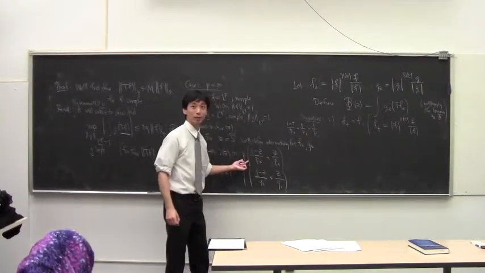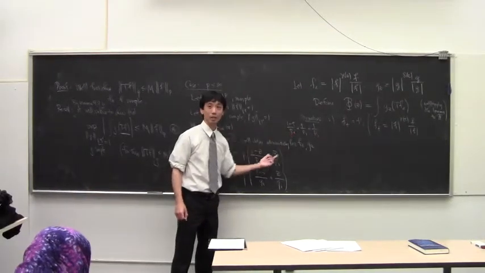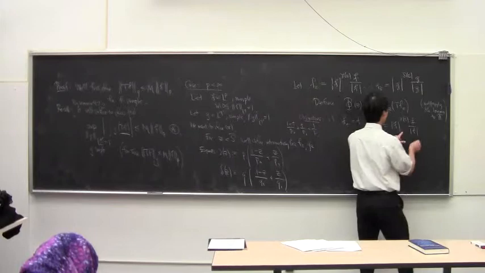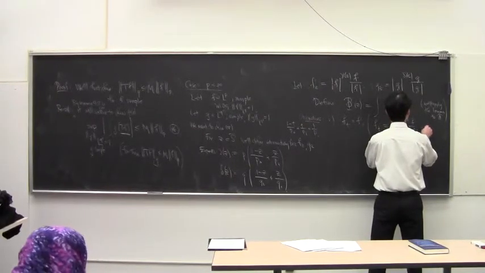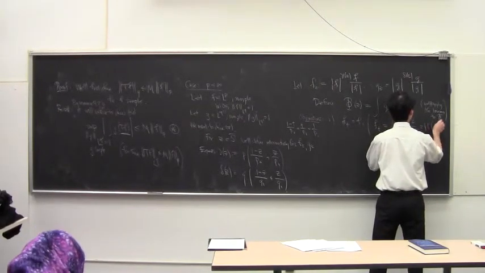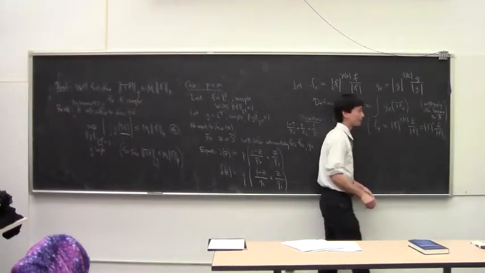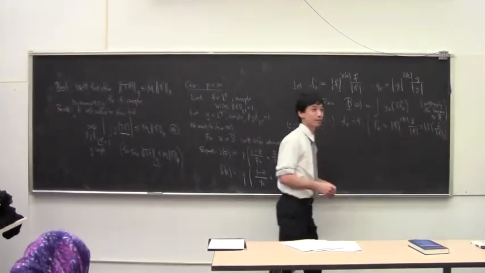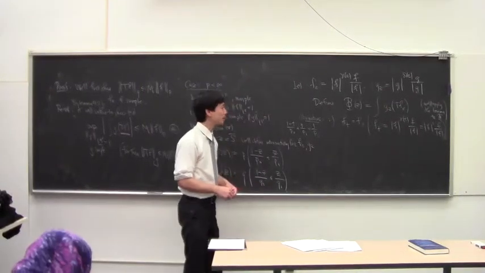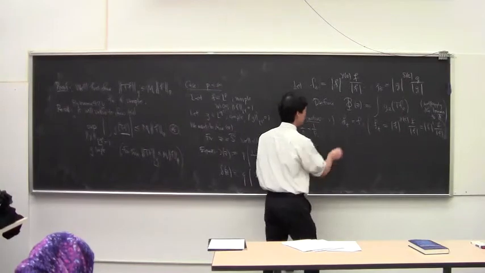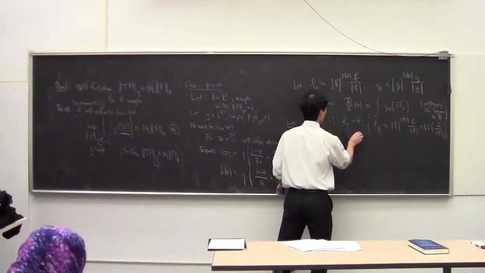So we get p over p, and this equals the modulus of F to the 1, times F over its modulus. So it's F. Similarly, G sub t is G.